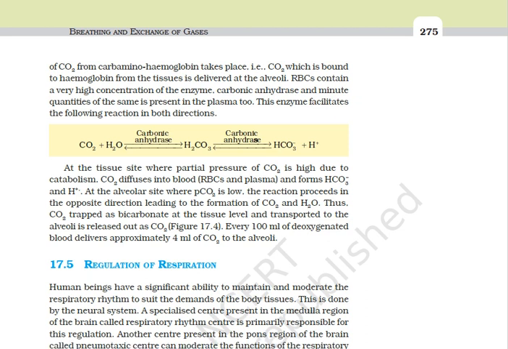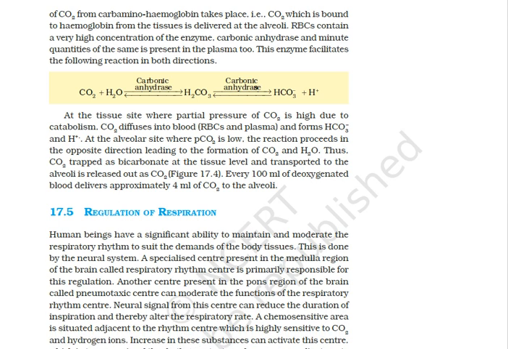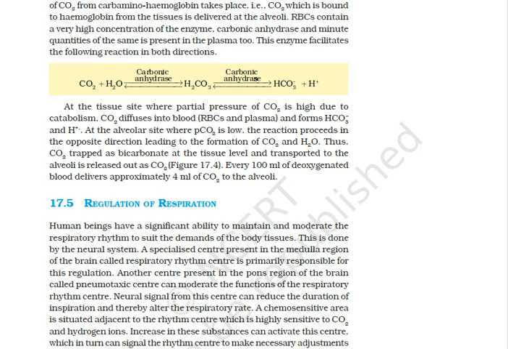Now we will switch to the regulation of respiration. How is the process of respiration regulated? Humans have the ability to maintain a moderate respiratory rhythm as per the requirement of the body tissue, and the respiratory rhythm is under the control of the nervous system and also receptors in the aortic arch and carotid artery.